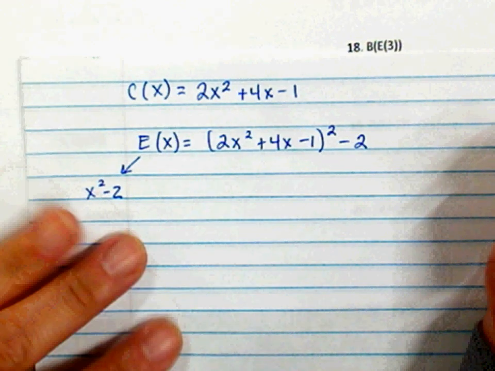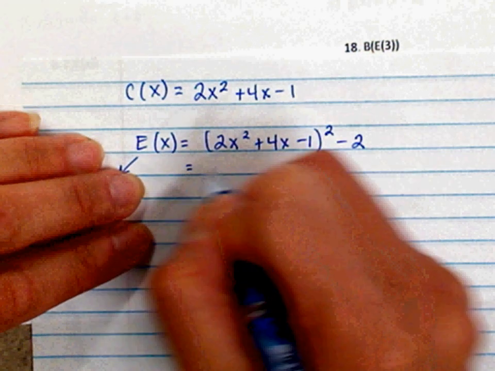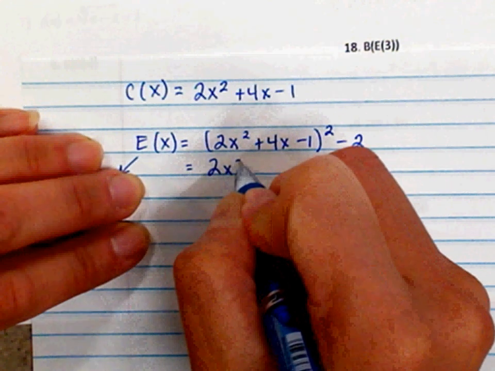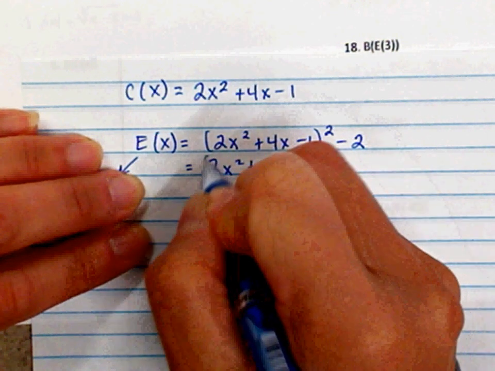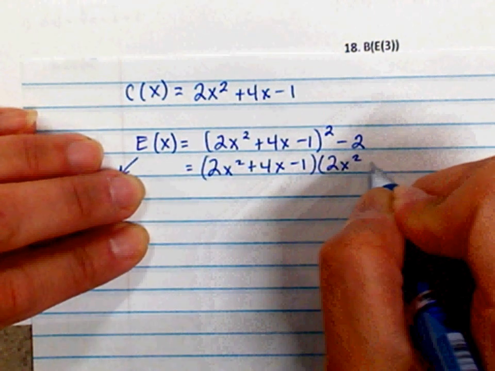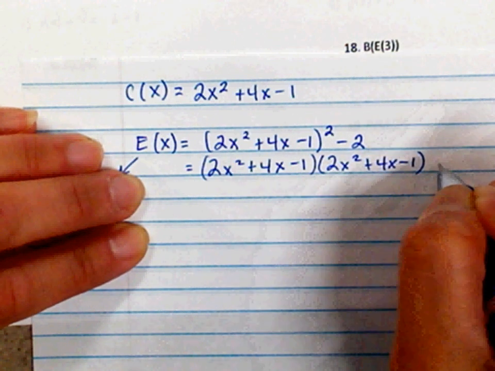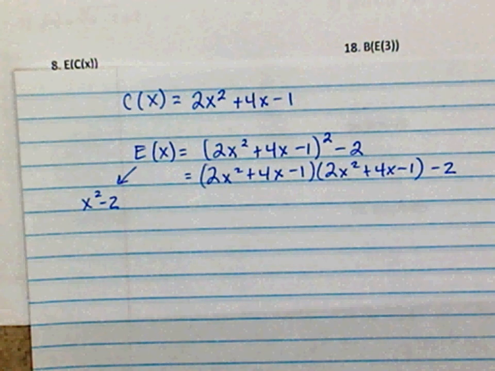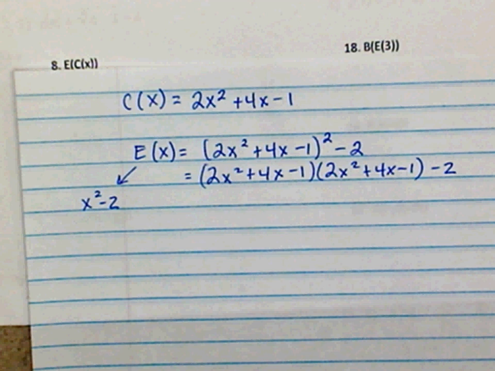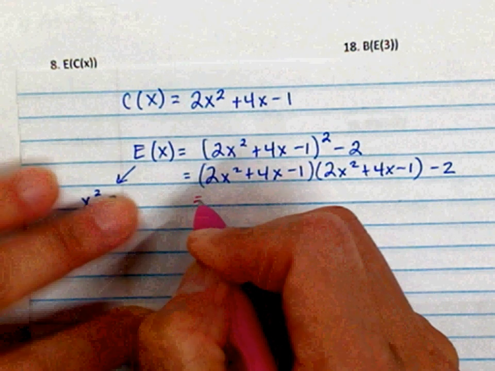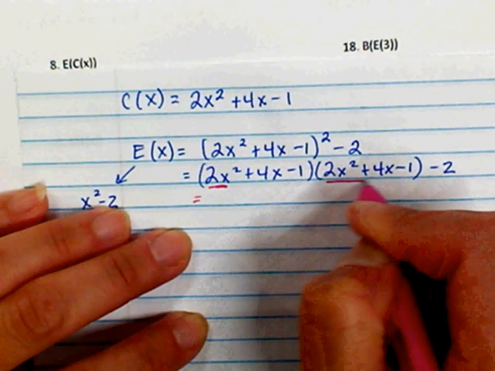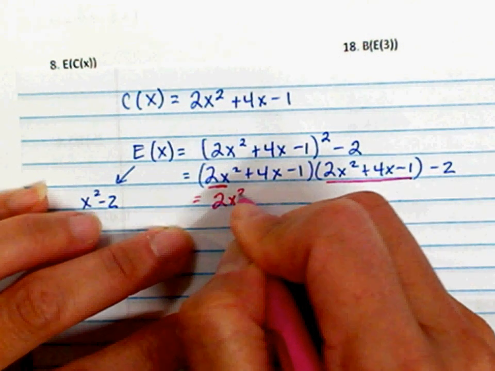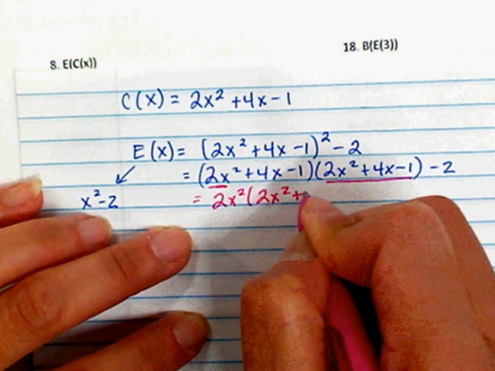All right, now we're going to simplify. Square means you have 2 of these. This one takes a little bit of time, but it's not hard. It's everything you have learned before. So here's our math. You take this one, multiply times all of this. So 2x squared times 2x squared plus 4x minus 1.